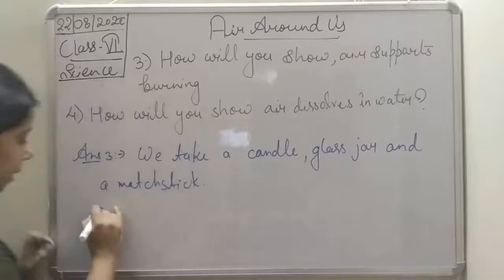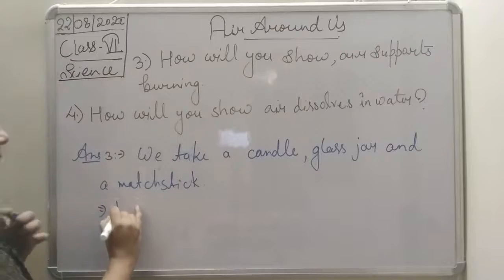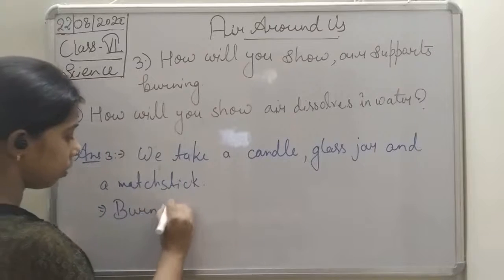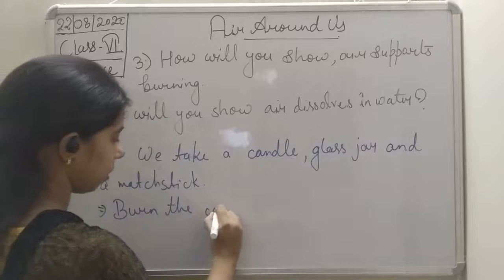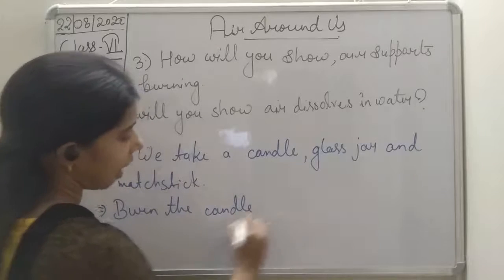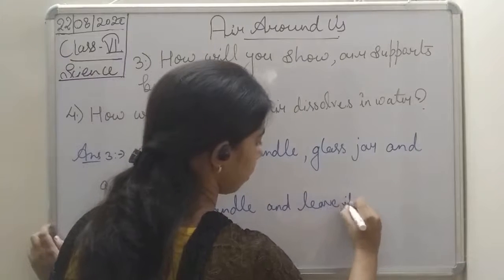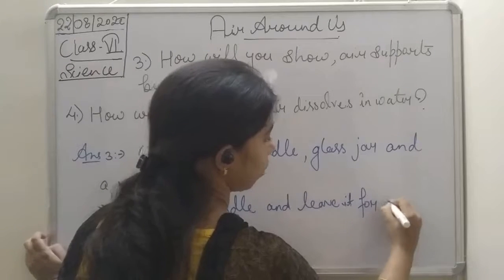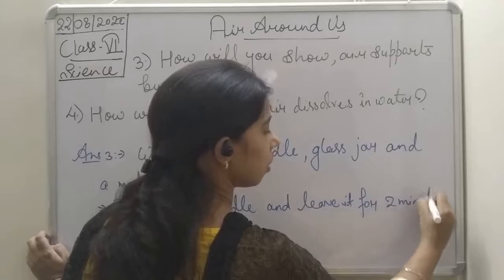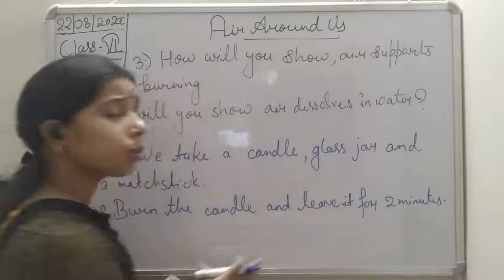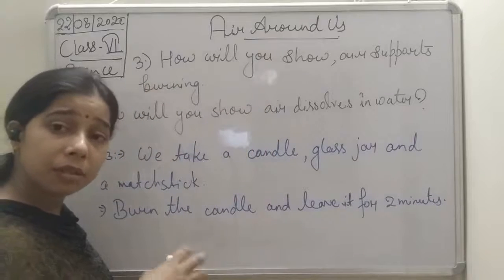Okay, then the second one, burn the candle and leave it for 2 minutes. Why am I leaving it, students? So that you can see that the candle is continuously burning.